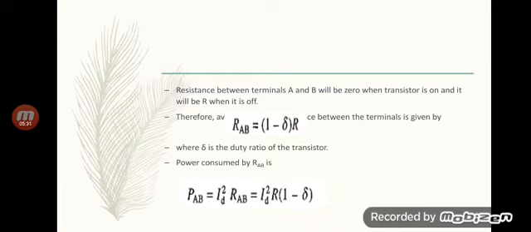Therefore, our resistance RAB is equal to (1 minus gamma) times R, where gamma is the duty ratio of the transistor. Then the power consumed by RAB, PAB, is equal to ID square RAB, which is ID square R (1 minus gamma).